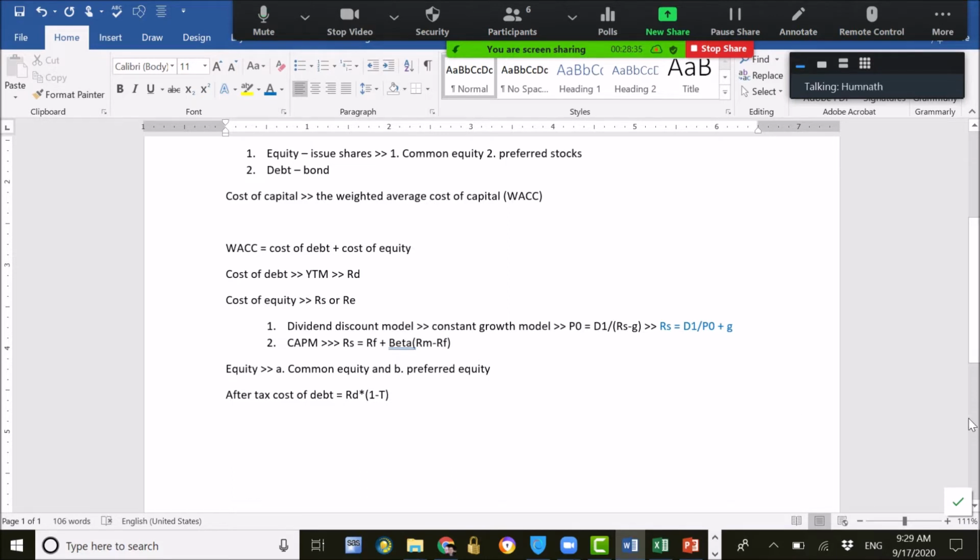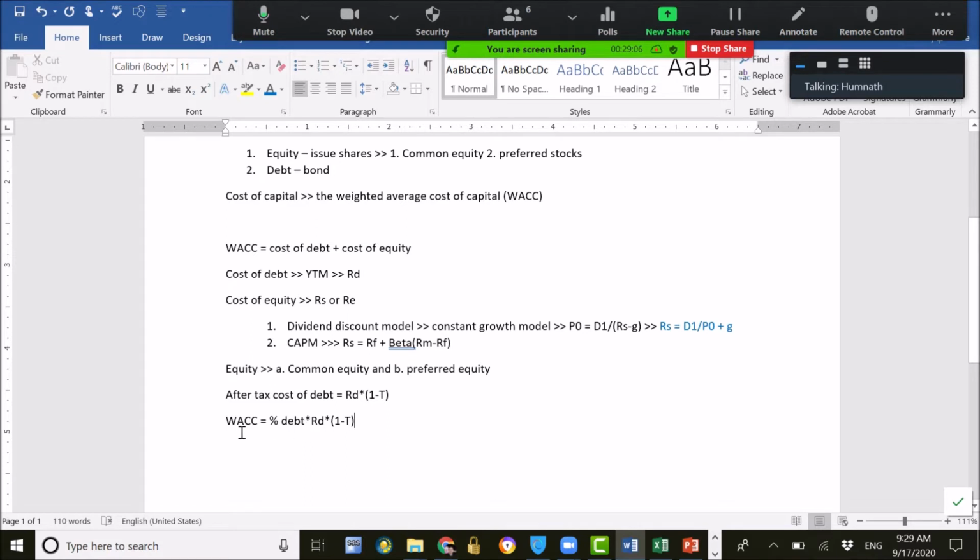So now WACC equals the percentage of debt times R sub D times (1 minus the tax rate). If you want to put a multiplication sign over here, that's fine, but the parenthesis itself refers to the multiplication.